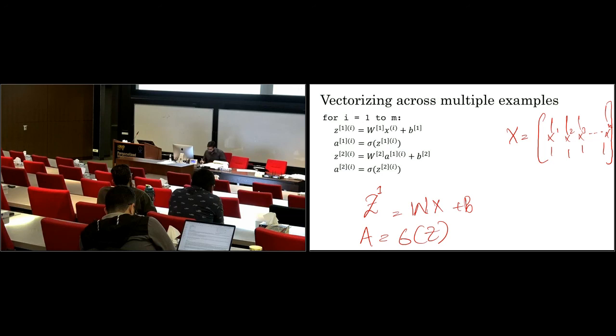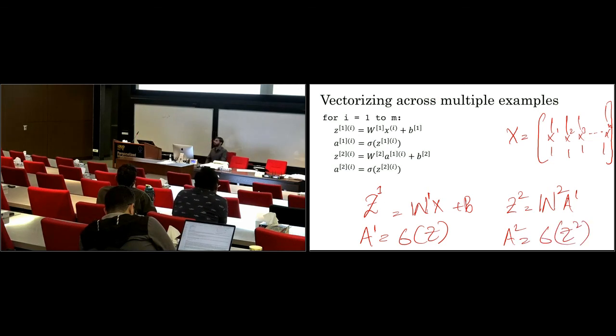And similarly Z2 would become W2 times A1, and A2 would become sigma Z2. Okay. Should be fairly clear what we are doing in vectorization.